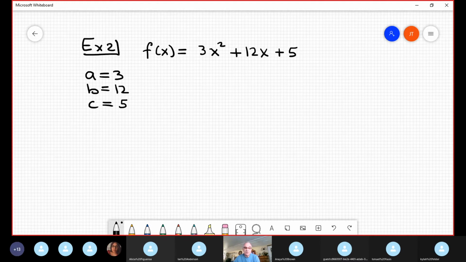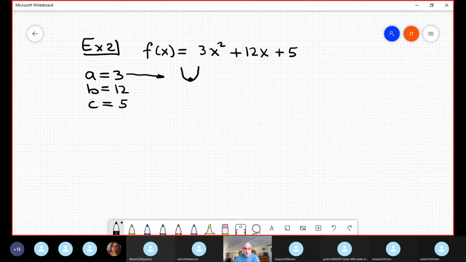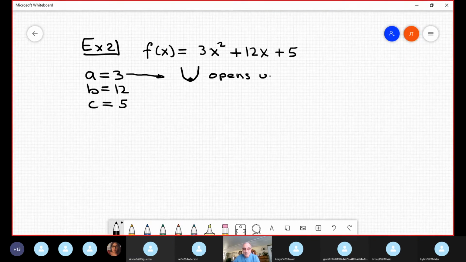Suppose I want to find, for example, number 1: looking at the sign of A, which is positive 3, I know that my parabola opens up.